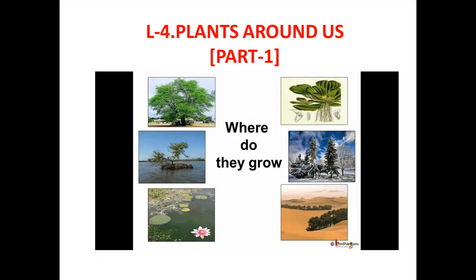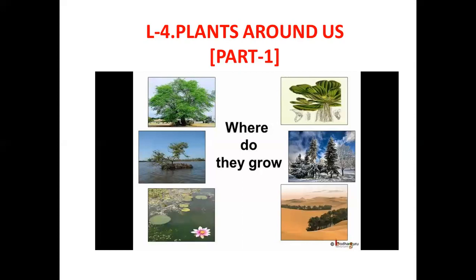So, in this lesson, let us learn about the plants around us. See, here we have a picture of plants. We see plants growing at different places, such as plains, deserts, hills, even in water.